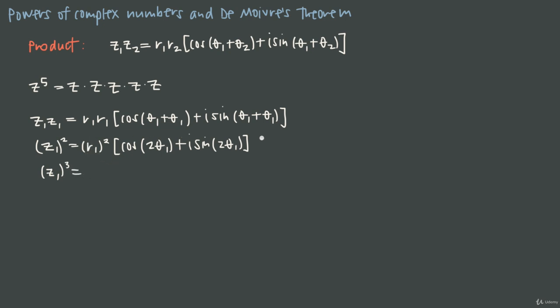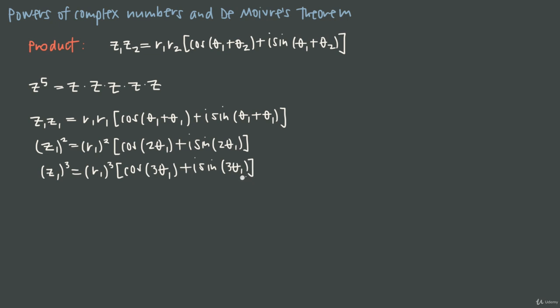We're simply going to be multiplying this value again by r sub 1 here in the front. So we'll end up with r sub 1 cubed. And here we'll have 2 theta sub 1 plus another theta sub 1, again coming from the extra z sub 1 value. So we'll end up with cosine of 3 theta sub 1 plus I sine of 3 theta sub 1.